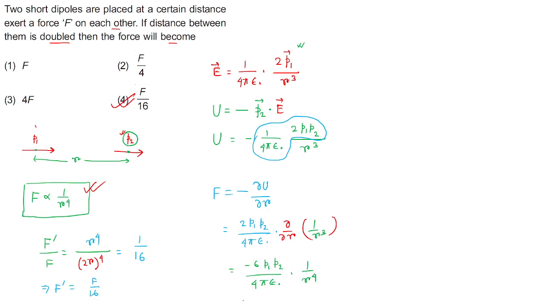From this we can write that the force is proportional to 1 by R to the power 4. This is the derivation of the relation, but we need to remember the relation F proportional to 1 by R to the power 4, the force between two dipoles situated at a distance R.